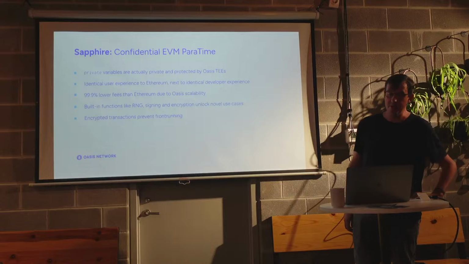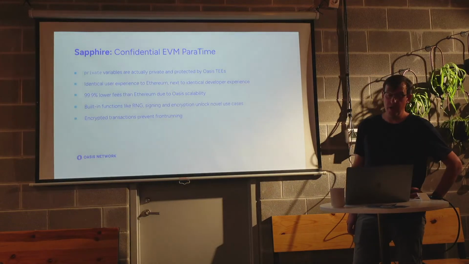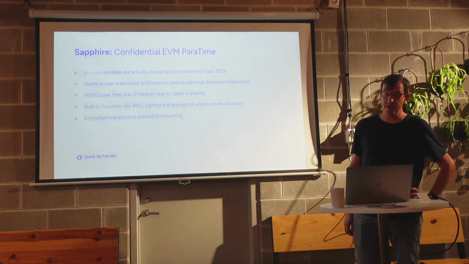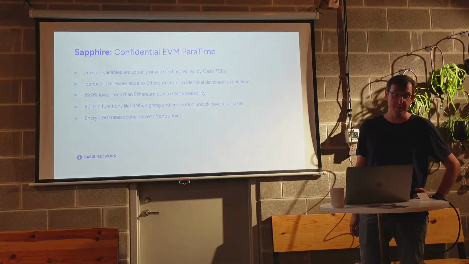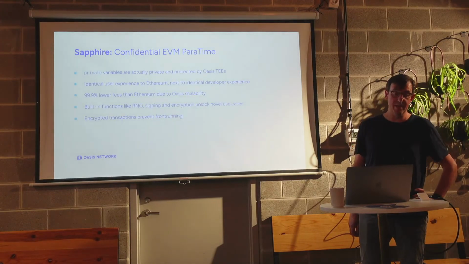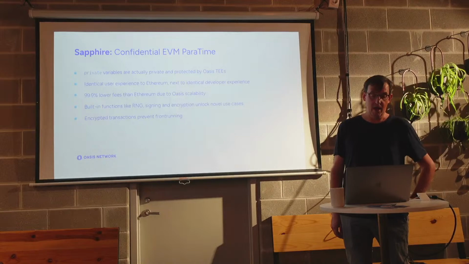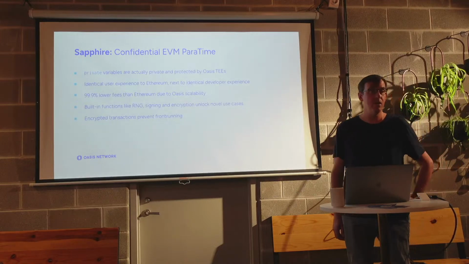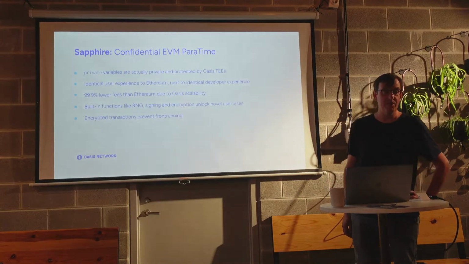The goal is to enable privacy for EVM smart contracts without compromising user experience or making transactions too expensive. Apps that are built on Sapphire can provide a user experience that is essentially identical to any other EVM-based chain. The developer experience is next to identical, with some added effort needed when handling confidential data.